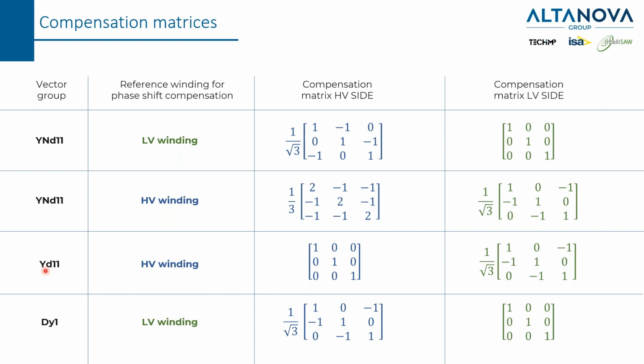This means that I don't need to compensate the zero sequence. So even if the reference winding is the high voltage winding, then I have only to multiply by the unit matrix.